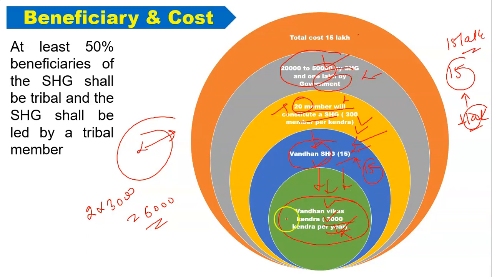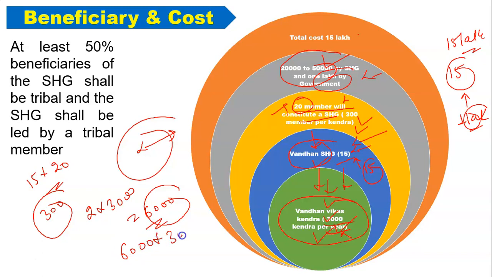At a single Dhan Vikas Kendra, how many members do you have? 15 into 20, that is 300 members will create a Dhan Vikas Kendra. And how many will the government develop in 2 years? The government is going to develop 6,000. If you multiply it with 300, you get 18 lakh members.